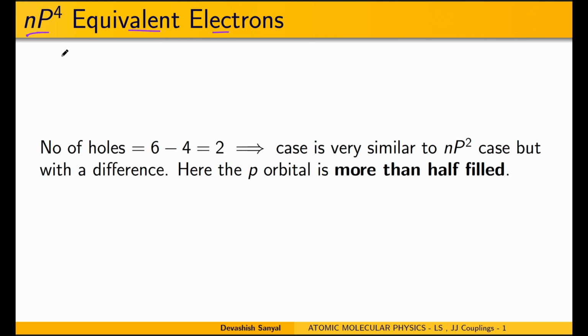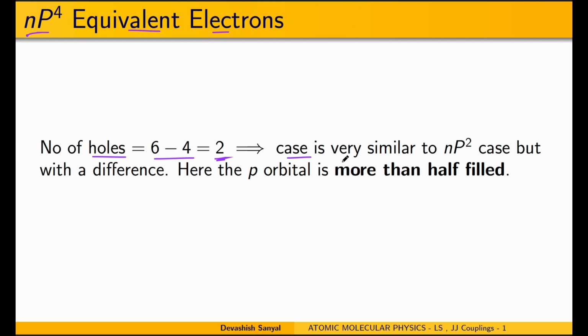So what will be the splitting of energy due to LS? Actually this is an easy problem if you just take note of one thing. The number of holes in this problem: in a P orbital you can have maximum 6 electrons. Here we have 4 electrons, so we will say we have 2 holes. Hole means positively charged electron.